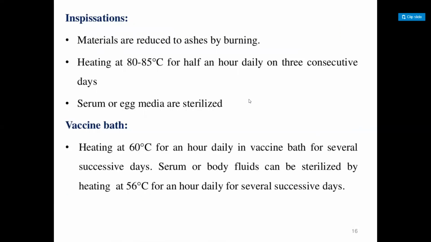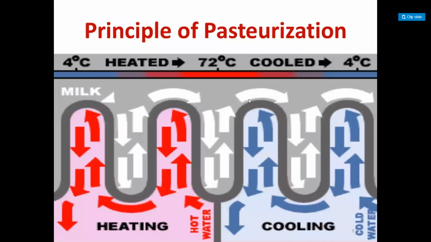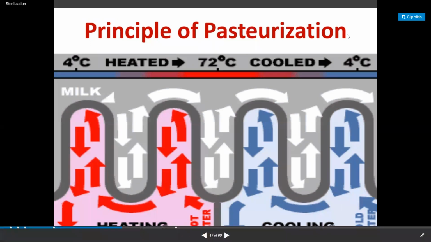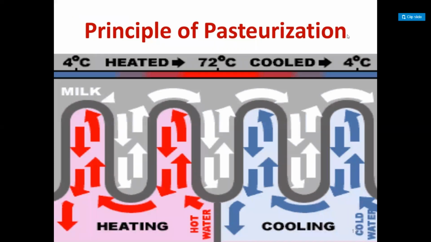Now these are the different methods of moist heat sterilization. Then this is the principle of pasteurization. For your standard it is quite difficult, but just for your interest, I can say that we raise the temperature and then lower it so that the microbes present inside the milk get killed.